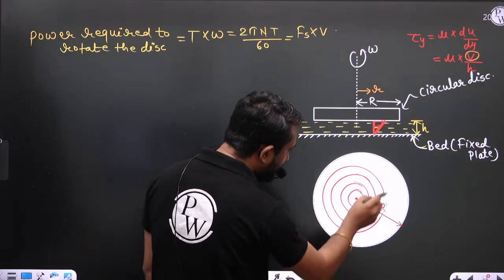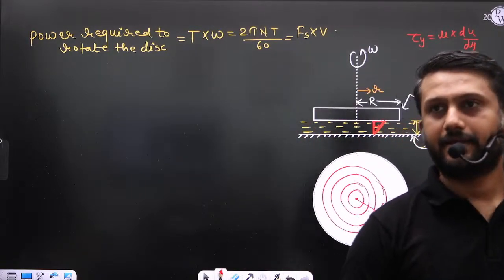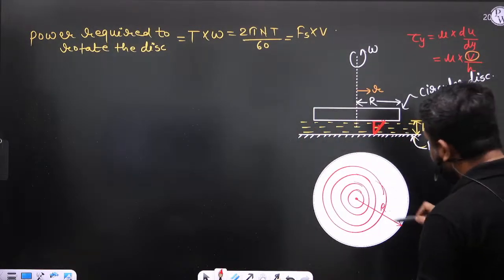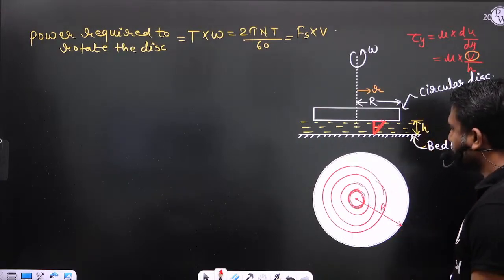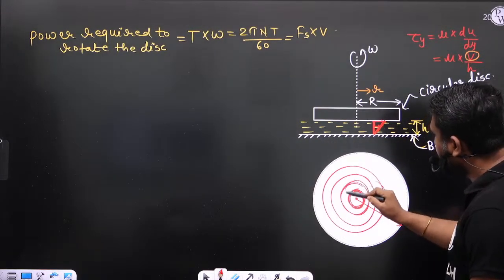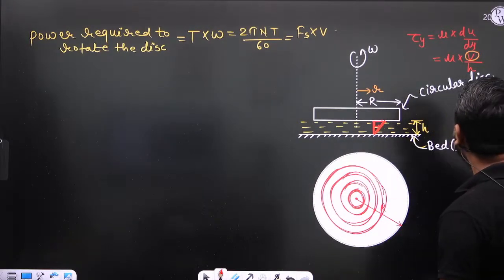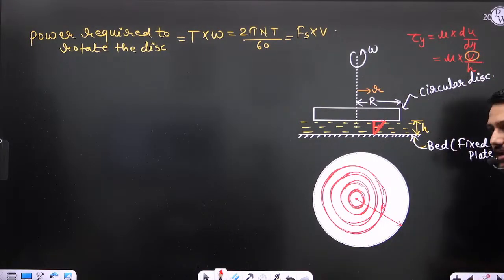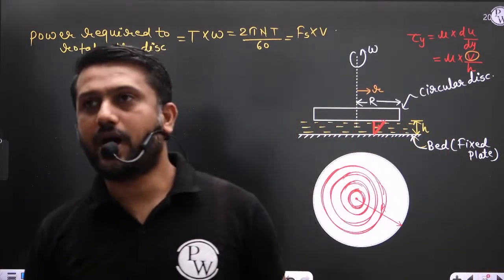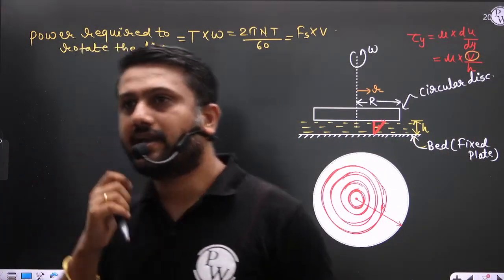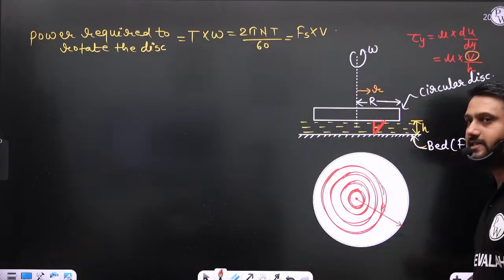At this radial distance the shear stress is different. Are you getting my point? At this particular radial location the shear stress is different. Why is it different? Because v is a function of r. Since v changes with respect to r, therefore the shear stress also changes with respect to r.